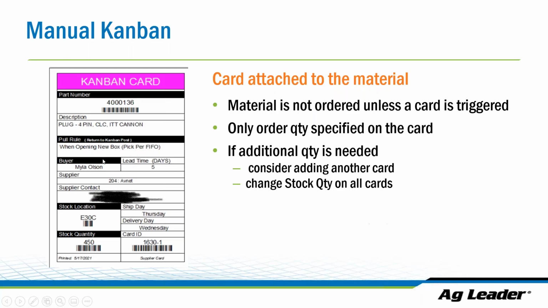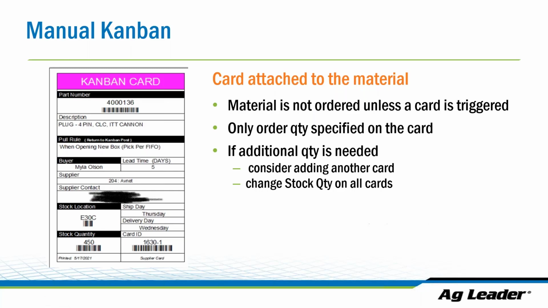And then also, who's the buyer? How long of a lead time do we have? A lot of this information is to give back to purchasing as they receive the card back. Where's your normal stock location? We put on the stock quantities, how much we are going to buy each time.